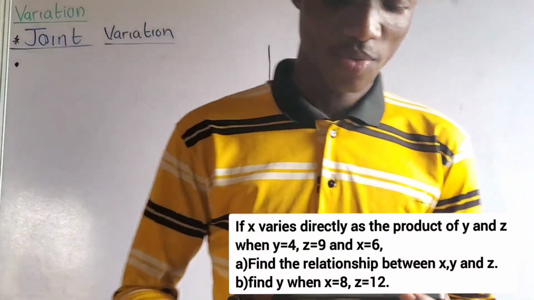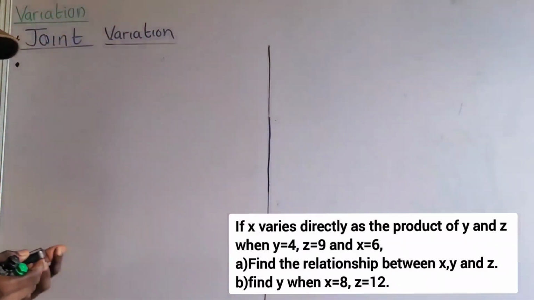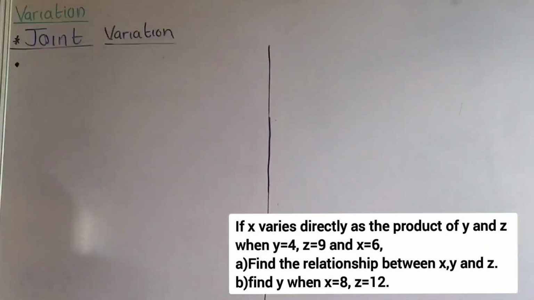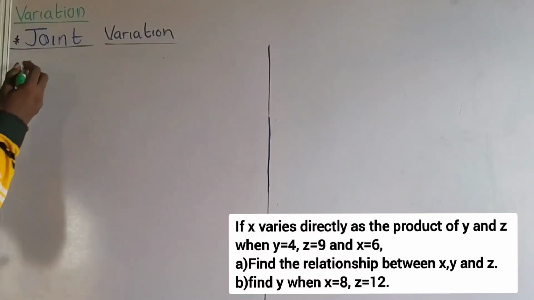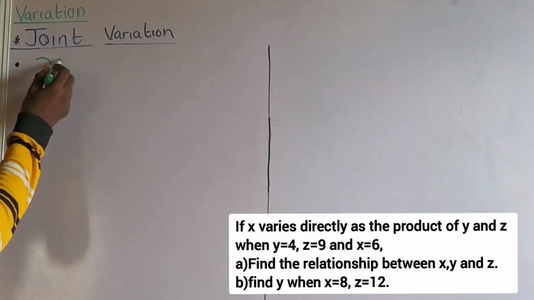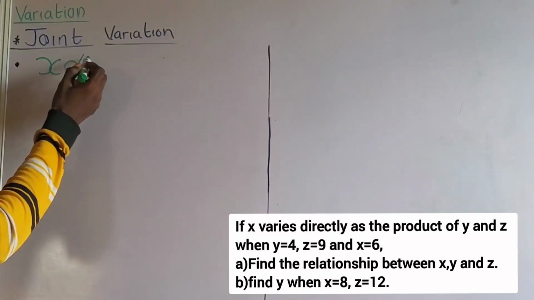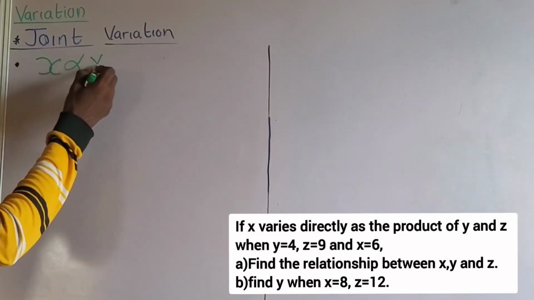Okay, we are given that x varies directly as the product of y and z. That means if you want to write the mathematical expression for that relationship, we are going to have x varies directly as the product of y and z.